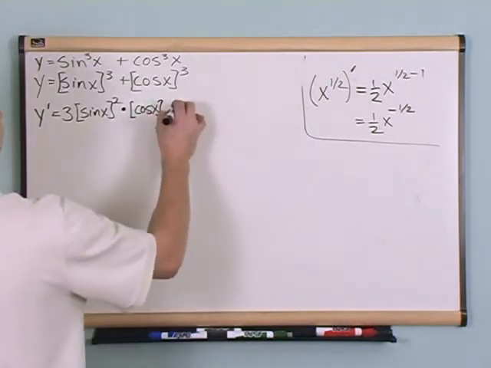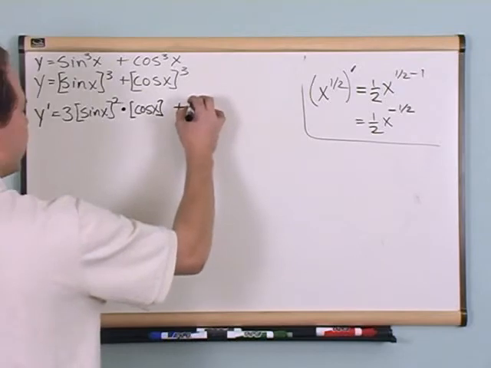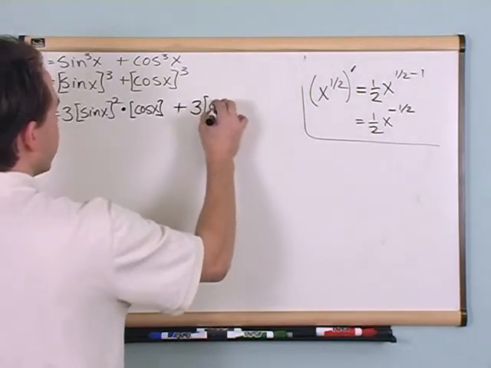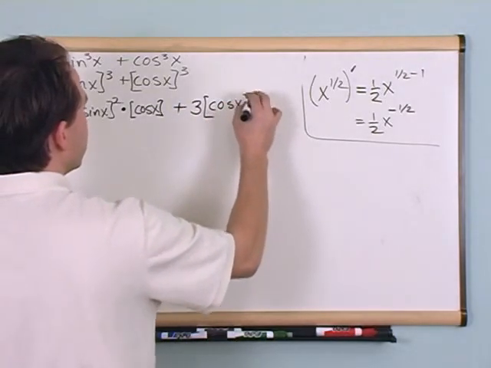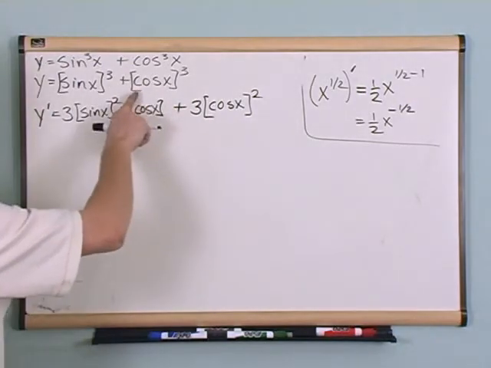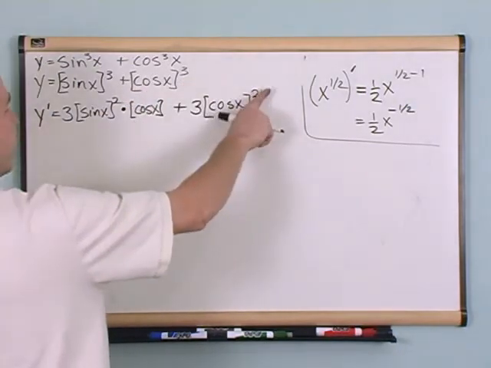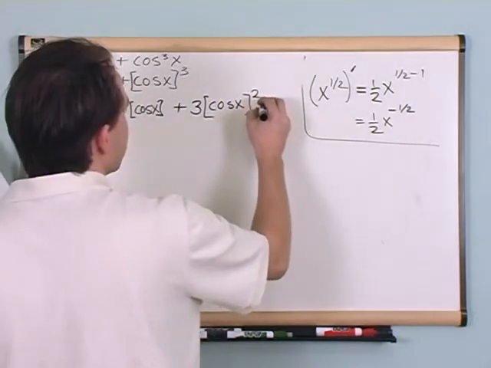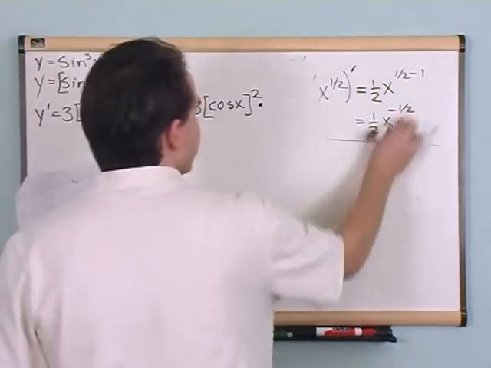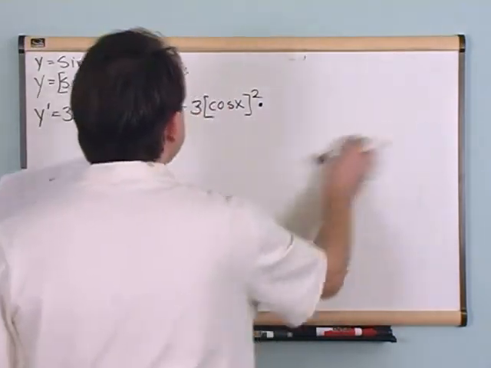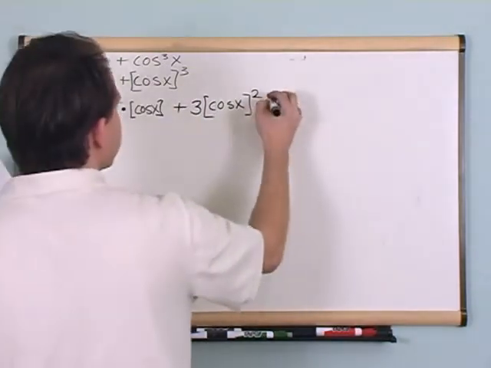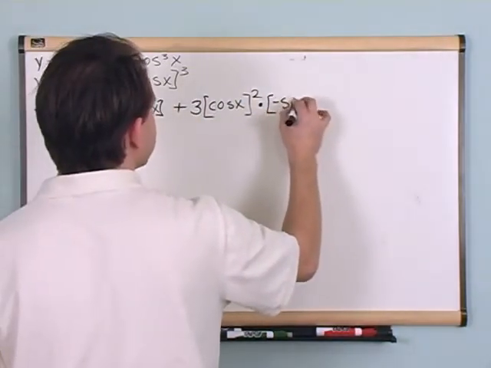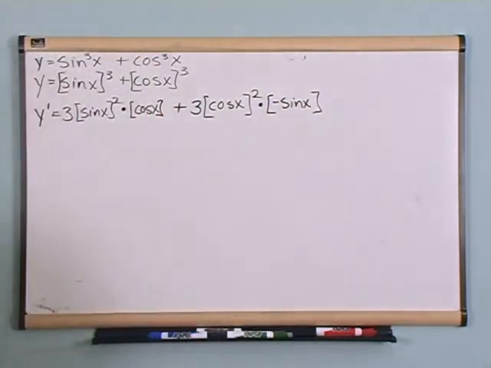Okay? Now I've got to deal with the second term, and it's going to be very similar. I'm going to have 3 times the cosine of x to the second power. Pull the 3 out, write the inside down, put a 2 up in the top. But then again, I've got to multiply by the derivative of the inside. And the derivative of a cosine is negative sine. Like this. Okay?